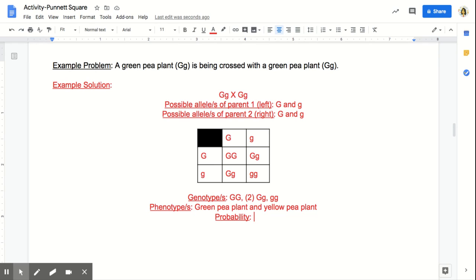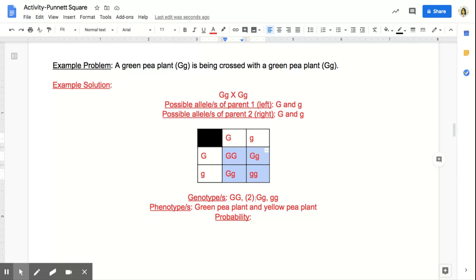So probability is the chance of having a green pea plant or a yellow plant when the parents are like this. Okay, so based on the Punnett square, there are four possible offspring because this is 2 by 2. There are four quadrants in here.